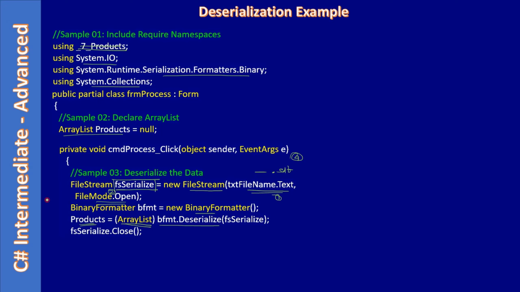Now we have a product. Since we are casting it to array list, what happens internally is that it will construct all the products. If there are 3 products, it will construct all the products, then it will form the array list. Why? Because in the previous video what we serialized is the array list. So when we read back, it will give the array list.